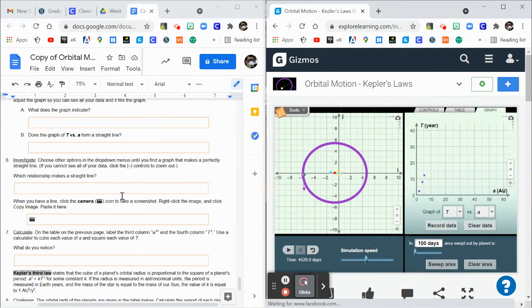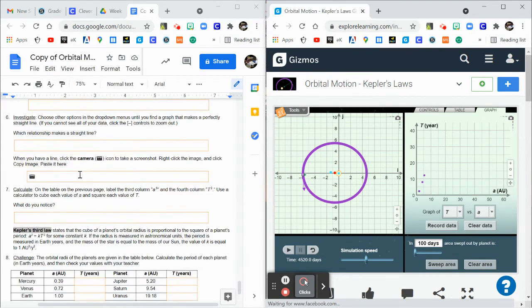Okay, let's see. Choose other options in the drop-down menus until you find a graph that makes a perfectly straight line. If you cannot see all your data, click the zoom in and zoom out controls. So for example, if you don't see a straight line, maybe you can do this one. Okay, so no, that's not a straight line.